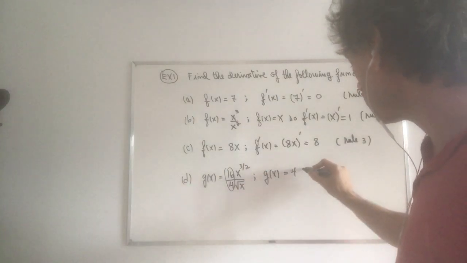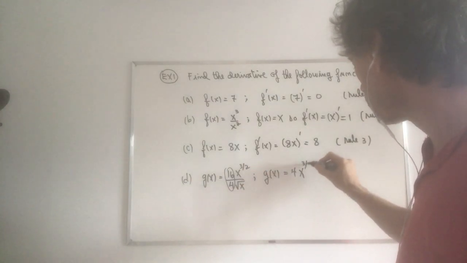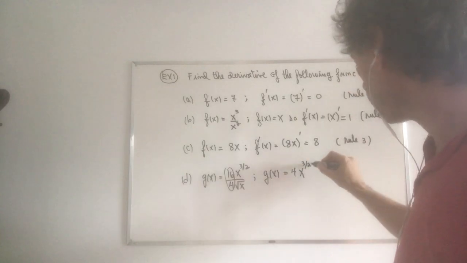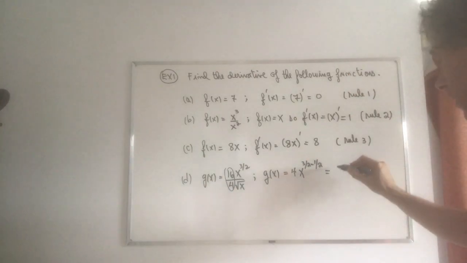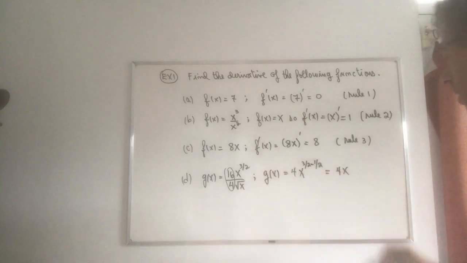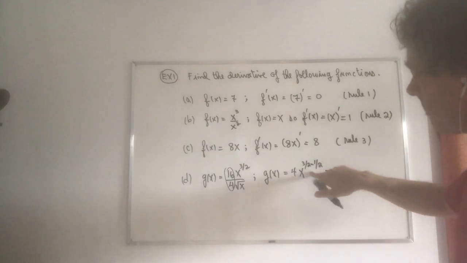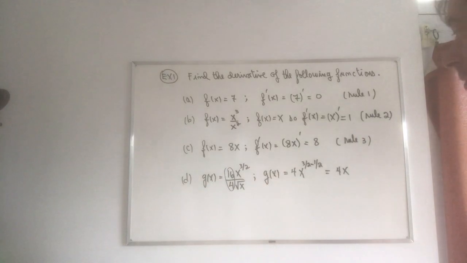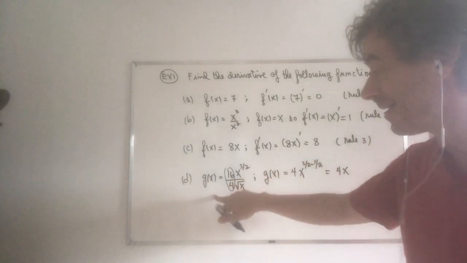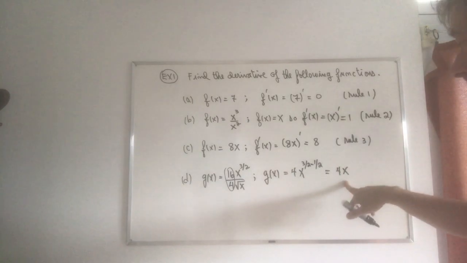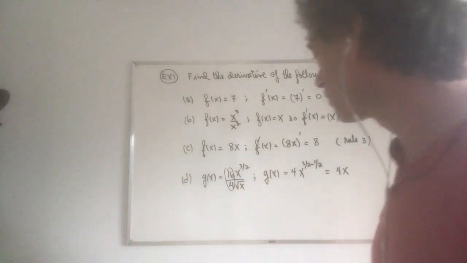16 over 4 is 4. As for the x's, this is x^(3/2), and this is x^(1/2), so I shall subtract my exponents, and, well, look at that. How well carved is this problem? Oh my god. x^(3/2) minus 1/2 is x^(2/2), which is x^1. So, in disguise, I was asking you, what is the derivative of 4x?